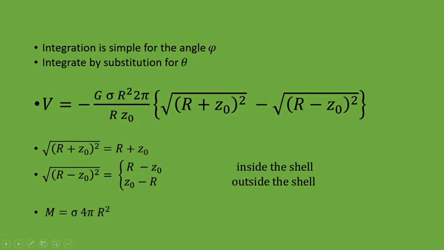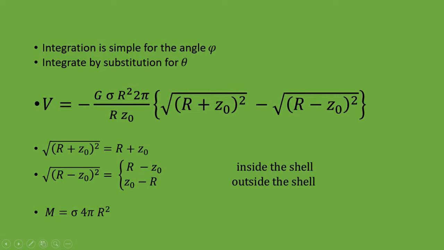So be careful about this. Whenever you simplify a square root, you have to check that the answer is the absolute value of whatever is inside. So here, there is a difference in the result between inside and outside, and that's what will make the result for inside and outside different.